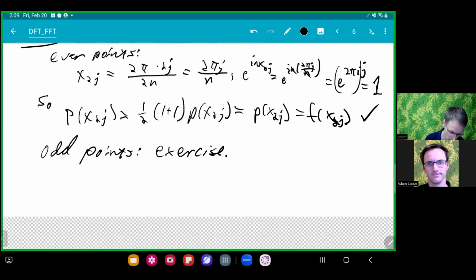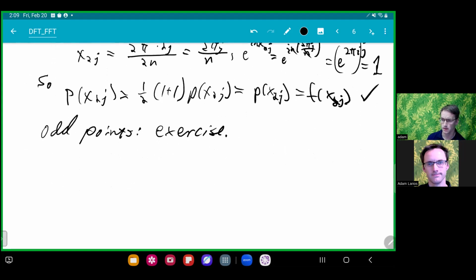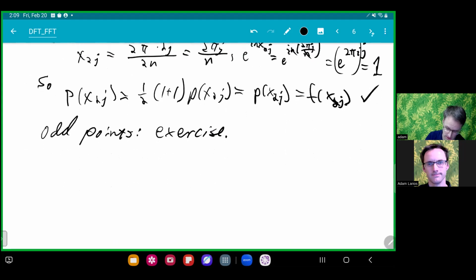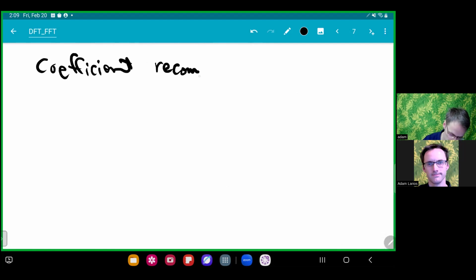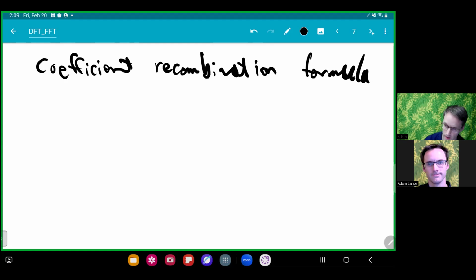Okay, so we can write this in somewhat of an efficient way. This is sometimes called the coefficient recombination formula. It looks something like this.